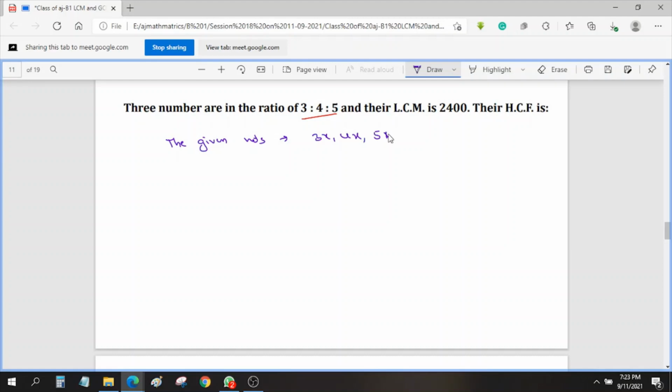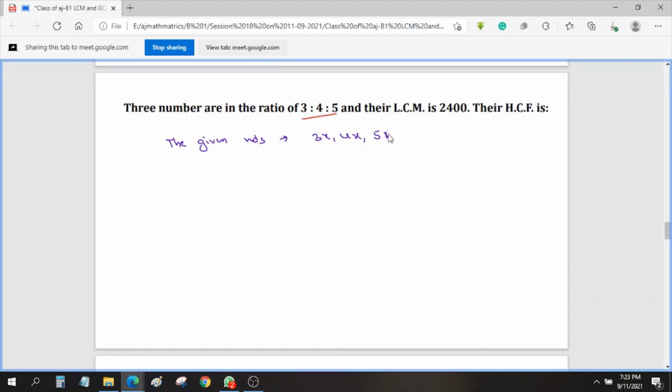If a ratio is divided, it should come with an x. So 3x, 4x and 5x are the numbers, and their LCM is given as 2400.